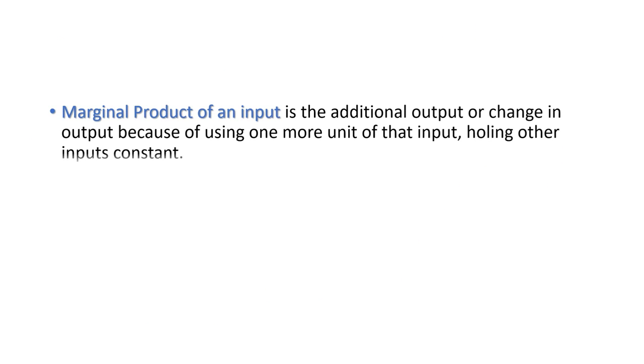Next is the marginal product of an input. The marginal product of an input is the additional output, or change in output, because of using one more unit of that input, holding all other inputs constant.